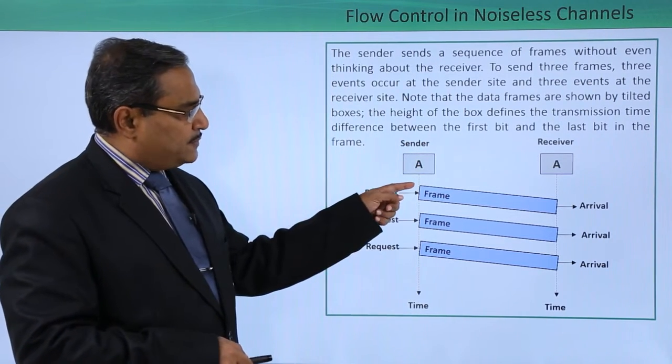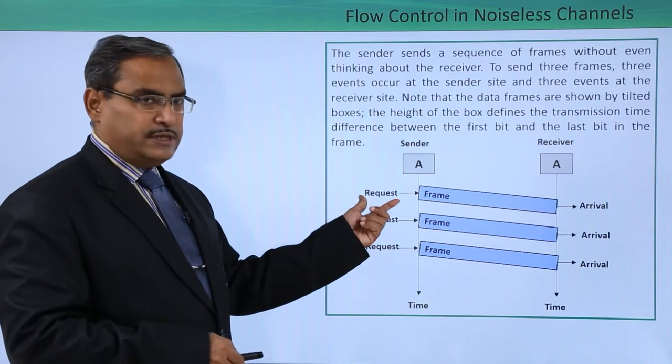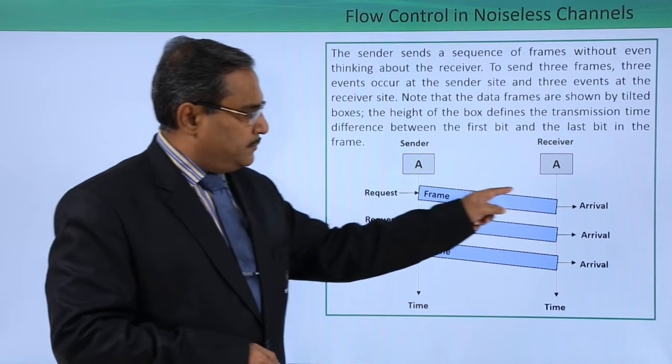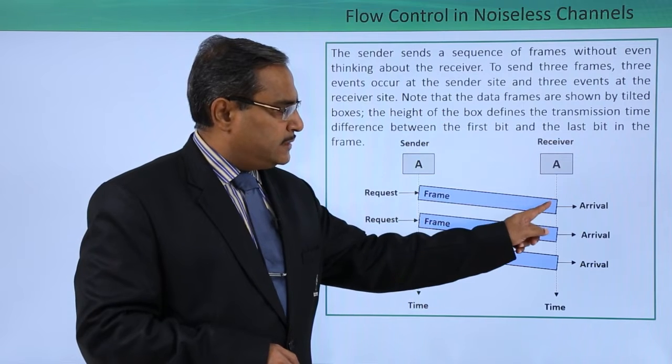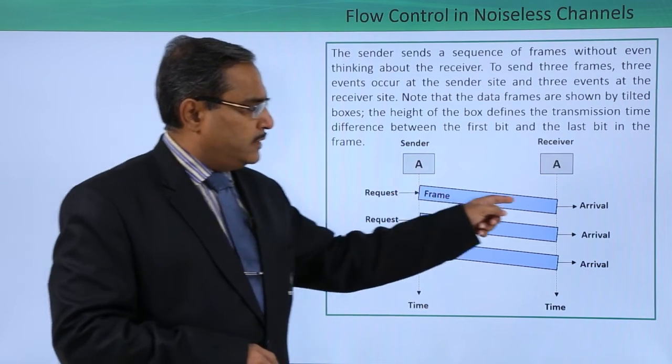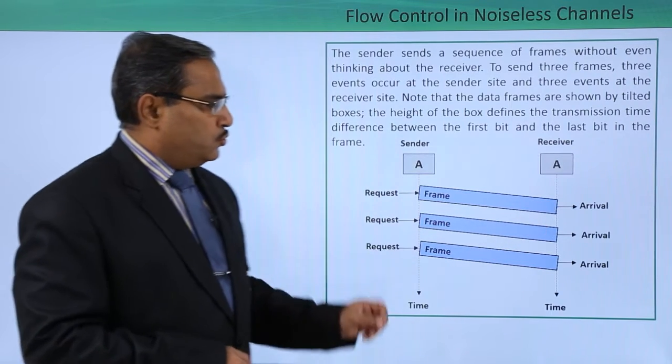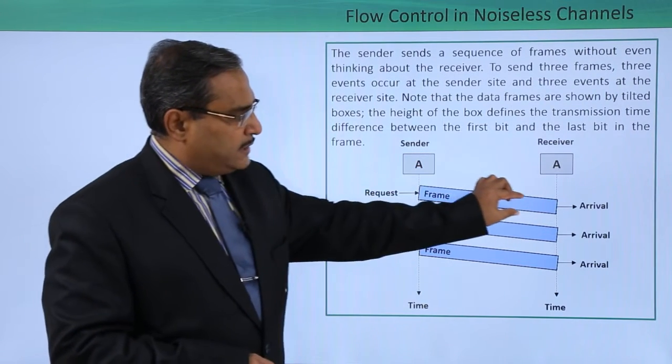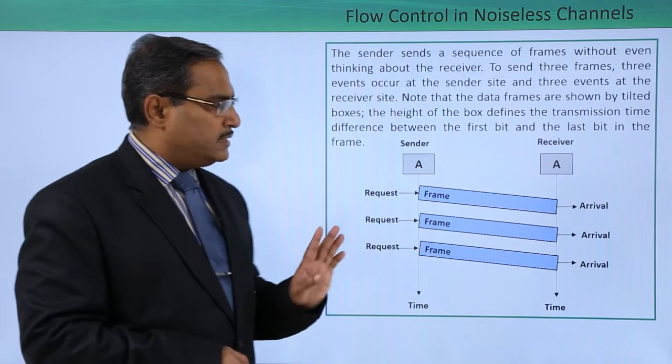Here you see the first bit is being sent, so that is the request coming. This first bit is getting received by the receiver, so that is a delay we are observing, and that is also another delay we are observing here. So the respective frame is being received at the receiver.